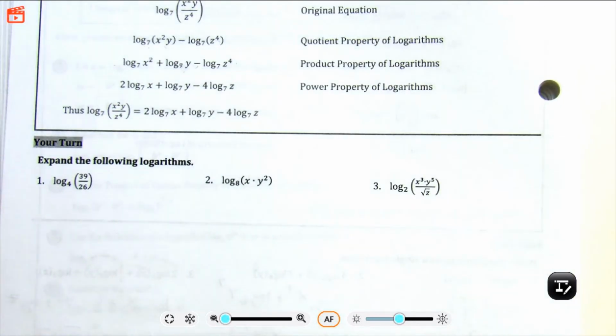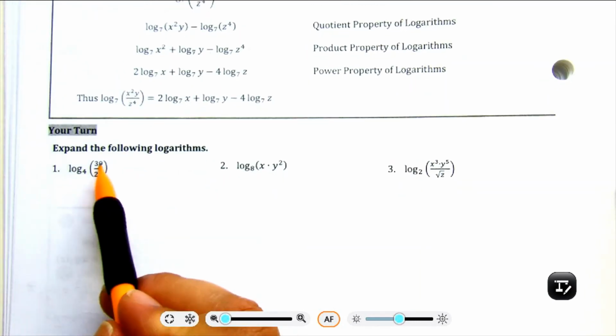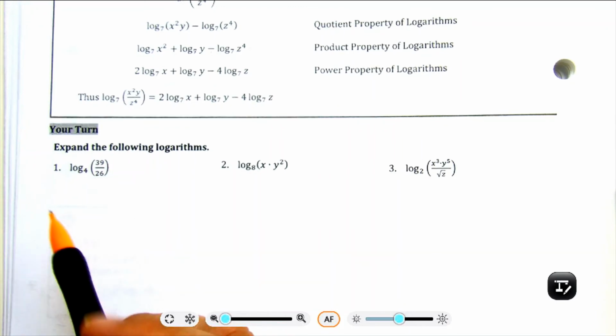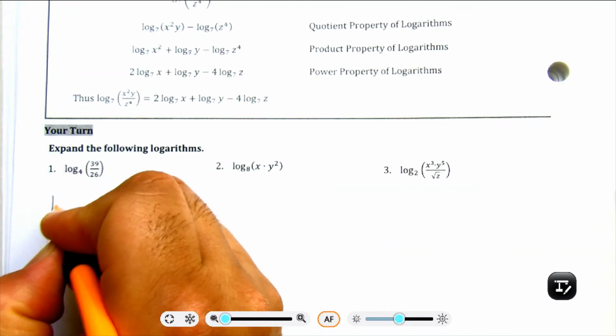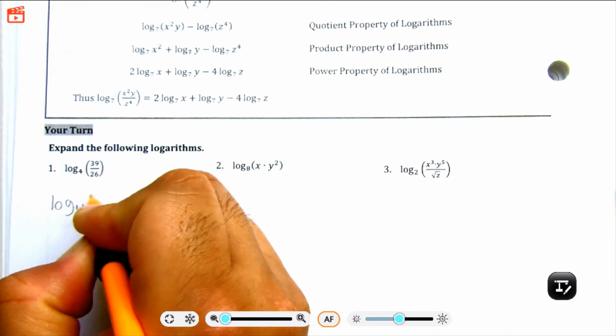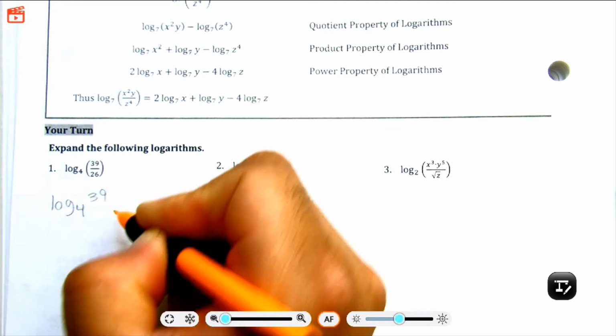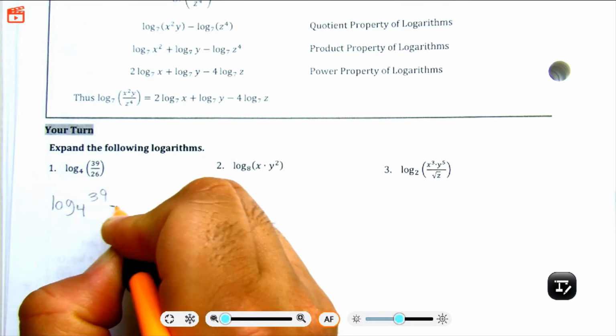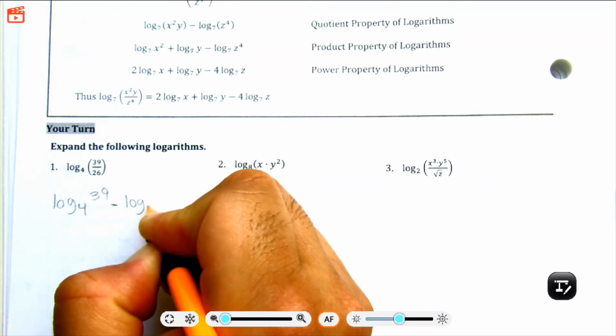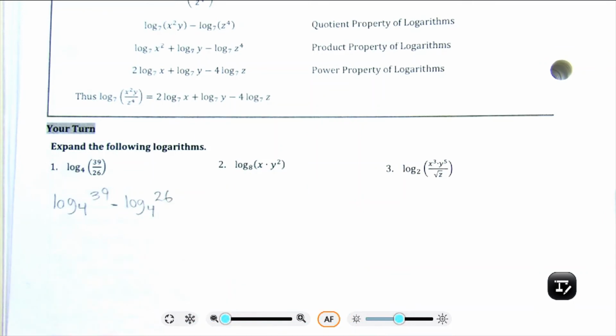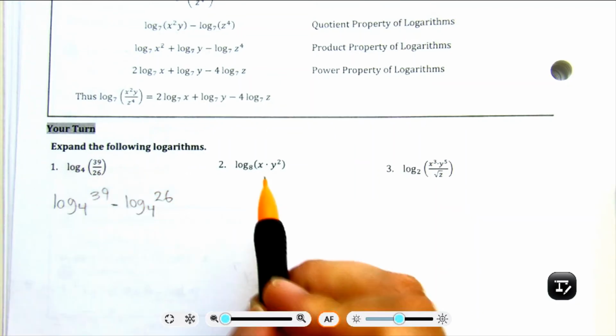Okay, so now let's go through some of these problems together. So we have division here, and we're going to use the quotient property. So we're going to have log 4 of 39 minus log 4 of 26. And that's your solution. Here we have multiplication, so we're going to use the product property.